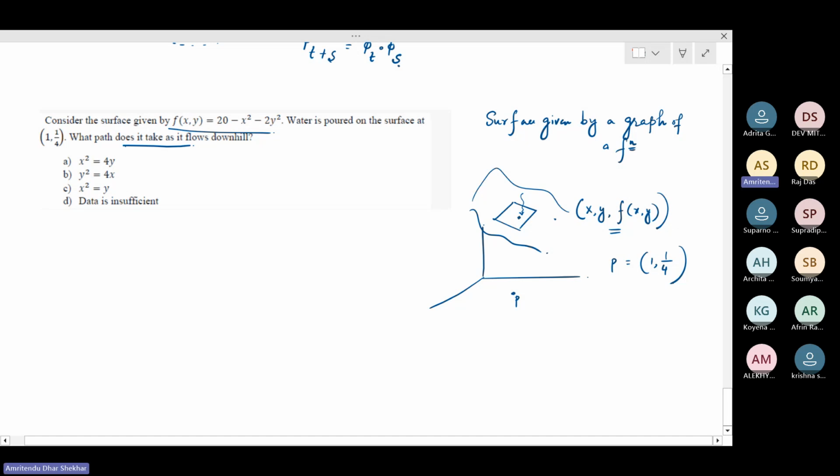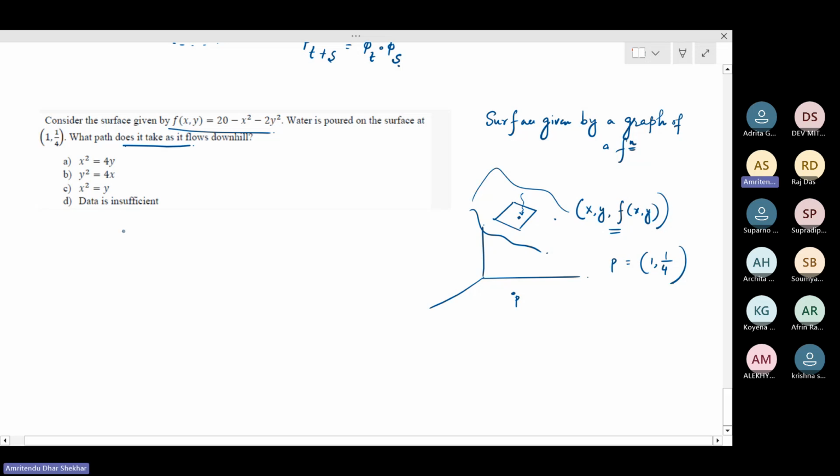Now, you can assume for the sake of this problem that the water is going to flow in the steepest direction. Okay. So let me just write it down.